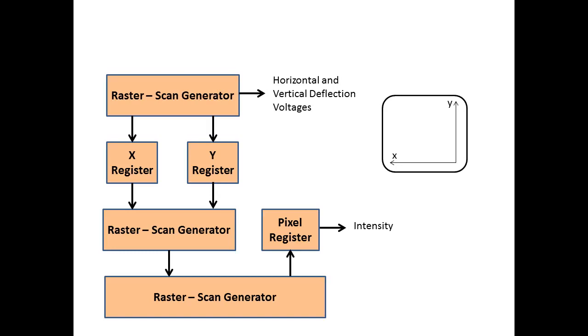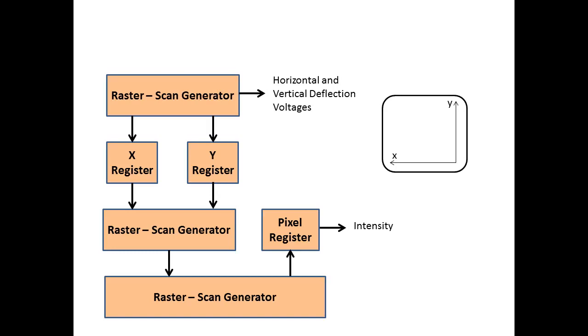After the last pixel on the top scan line has been processed, the x register is reset to 0 and the y register is decremented by 1. The screen must be refreshed at the rate of 60 frames per second, but the cycle time is too slow.